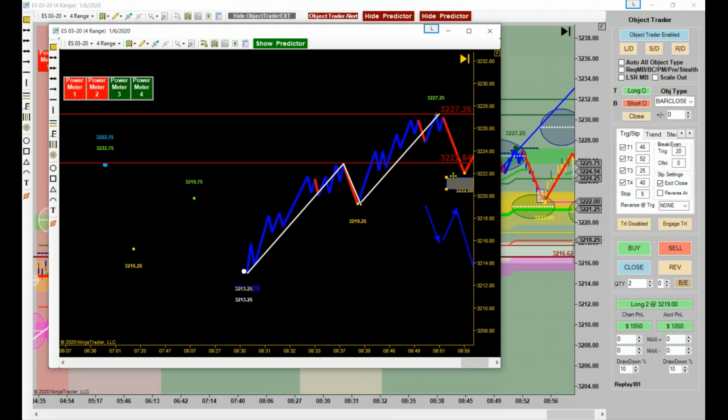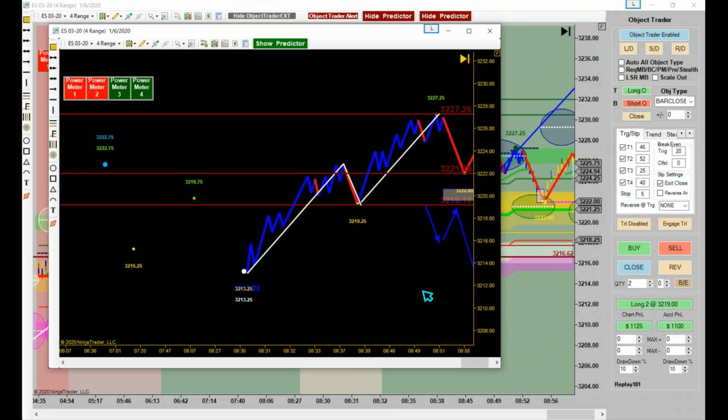Okay, but notice that even if it came all the way down into here, that's still a higher low. See there? So even if this didn't bounce here like it did, would we have been looking for a short just because it broke this little line right here? And the answer is no. And that's where you'll get on the wrong side of trades if you don't let them retrace.